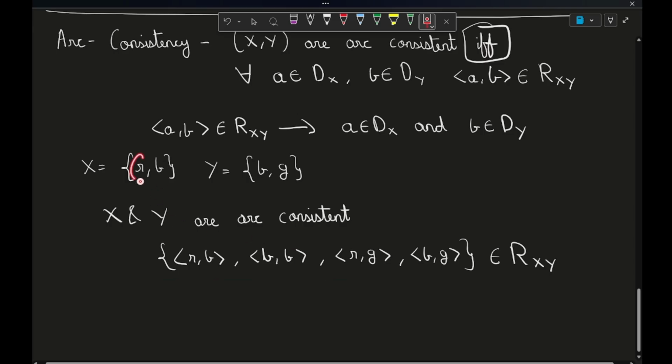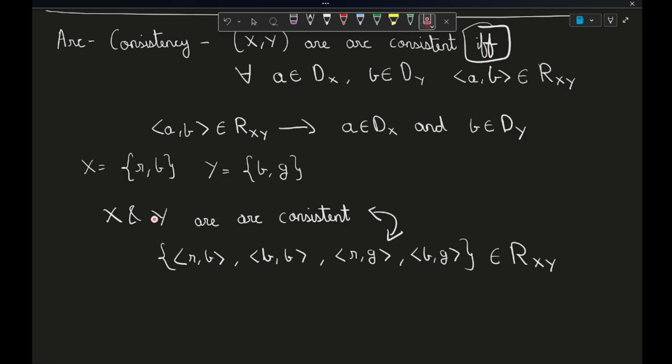What I did was just make pairs of every element from X and Y, right? So this is true both ways.